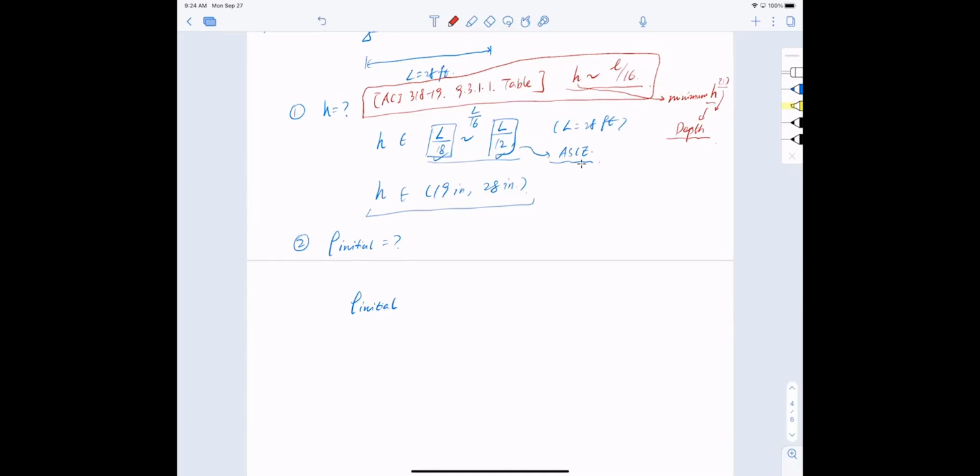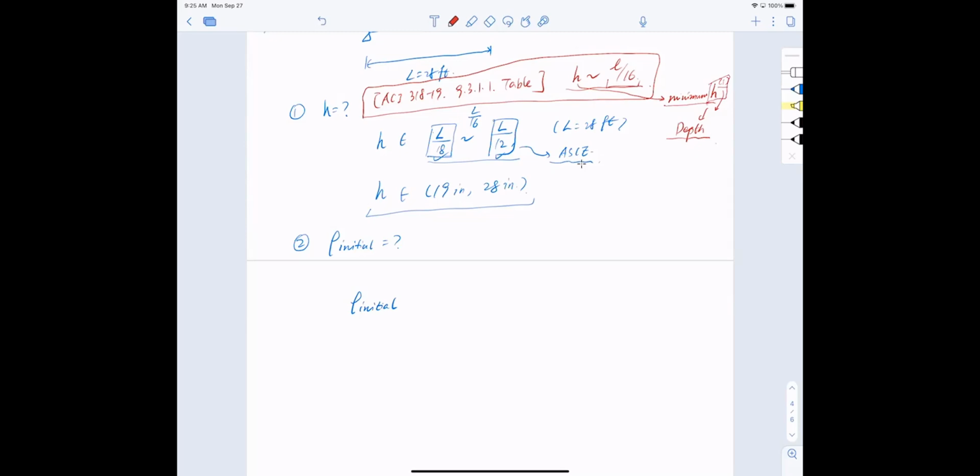So this L over 16 is not really accurate. I usually do not pick a number directly from there. It is the so-called minimum, meaning you can go higher than that. And again, their definition of H in the ACI code is not the same as the definition of H in our section.